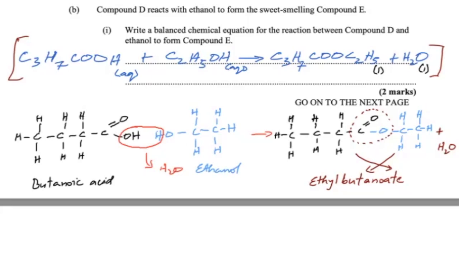Then they're asking us to suggest the conditions for the reaction between compound D and ethanol. For 2 marks, we need to tell them everything that we need. We need 3 things, one condition from each of you. I'll give the easy one.